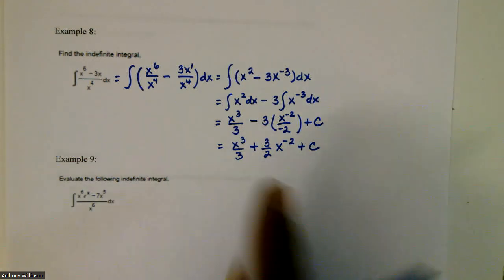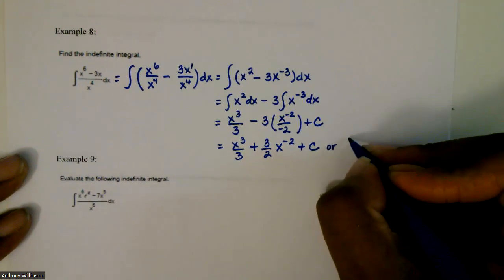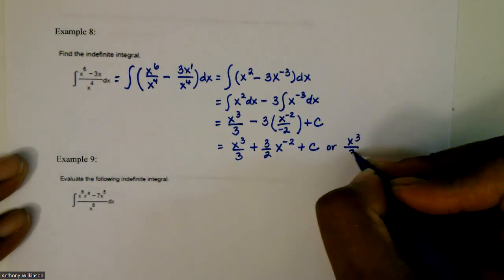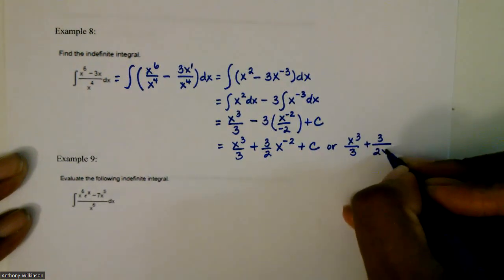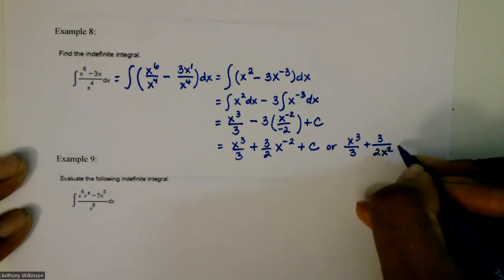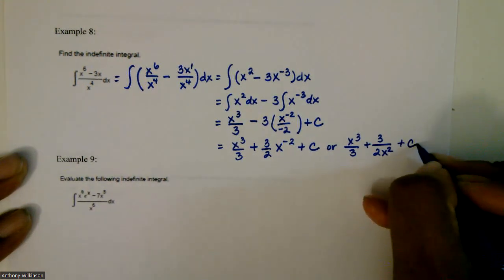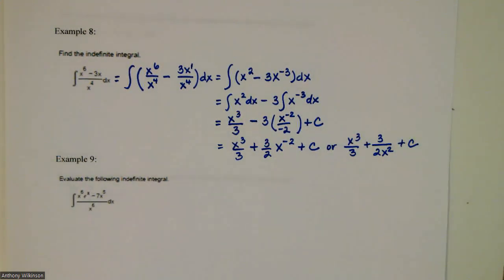They might want it like this, or they might want it like this: x cubed over 3 plus 3 over 2, where the x to the negative 2 will become x to the positive 2 in the denominator, and then plus c. They might want it as one or the other, but do check with my math lab.